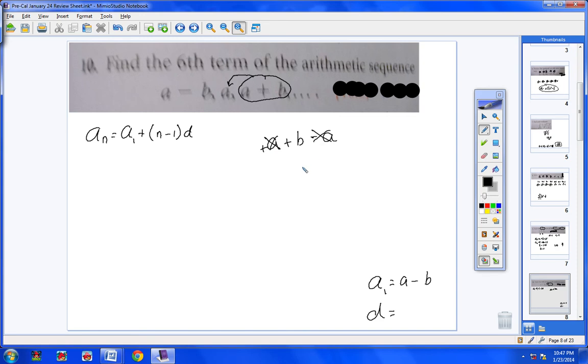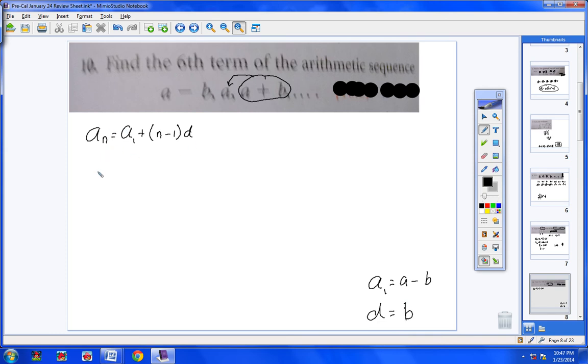They cancel out, leave me with b. So it looks like my common difference is b. Let's see if that's right. Negative a plus b would give you a, so that works. And a plus b would give you a plus b. So it's obvious our common difference would be b.